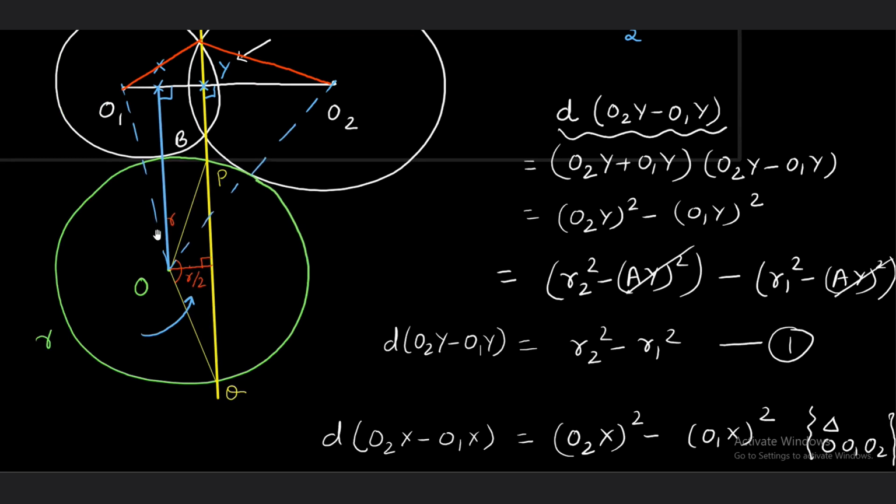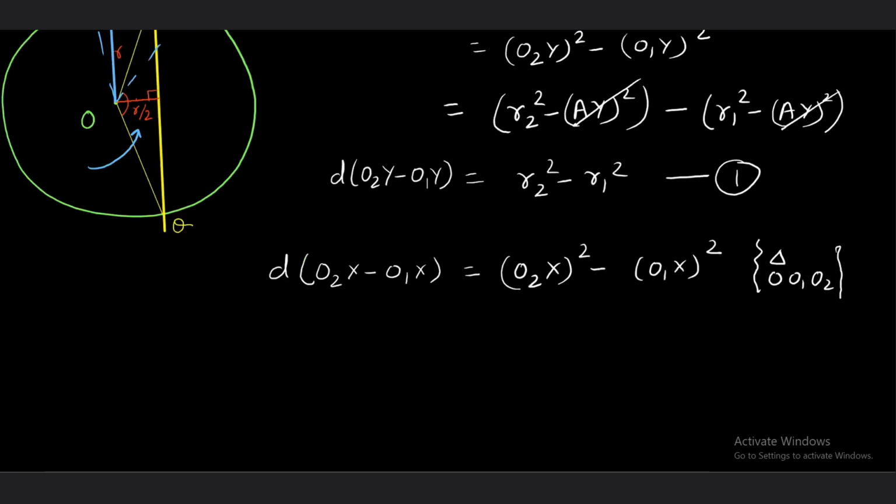Same perpendicular. So can I say that ultimately it will turn out to be R plus R2 whole square, R plus R1 whole square.